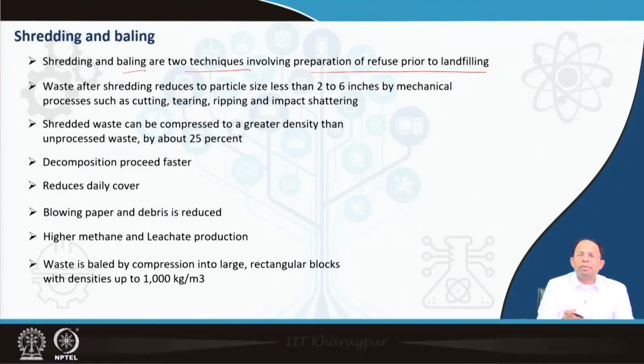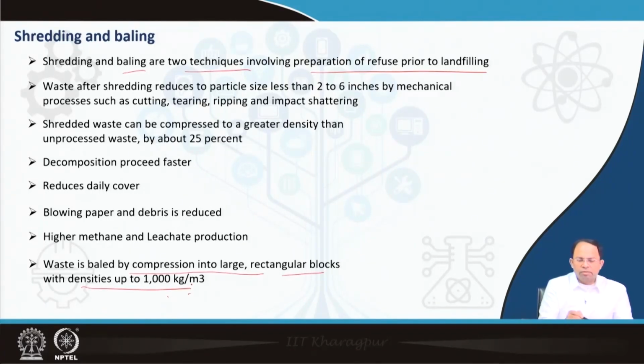And baling means compacting the waste into some volume, which is like maybe a rectangular block or a squarish block, and with higher density. So waste can be baled by compression into large rectangular blocks with densities up to 1000 kg per meter cube.